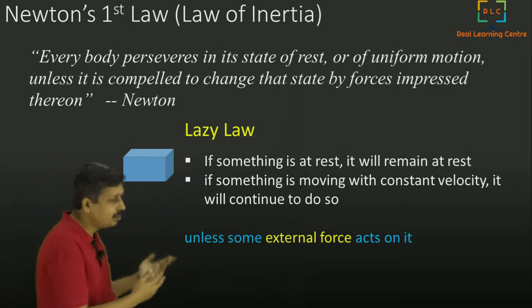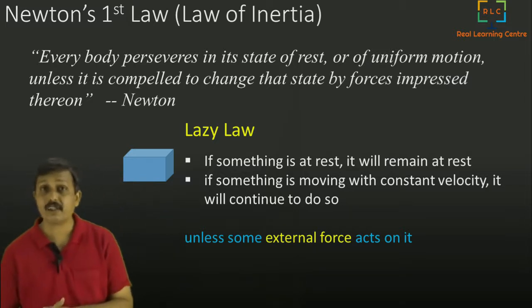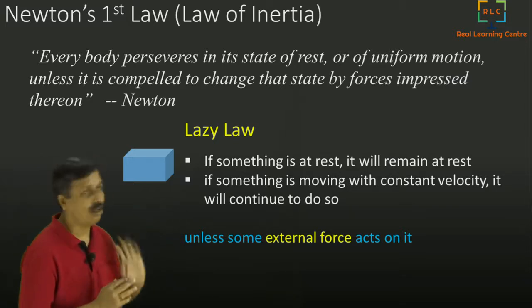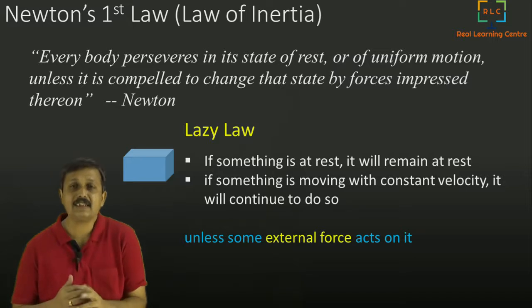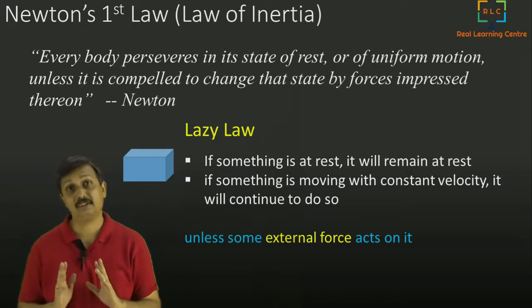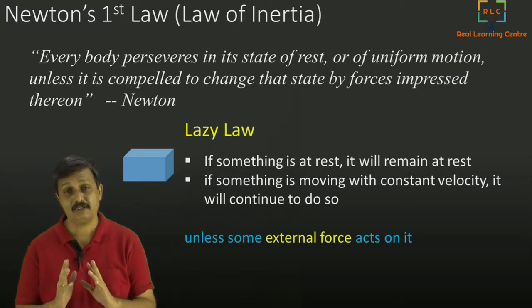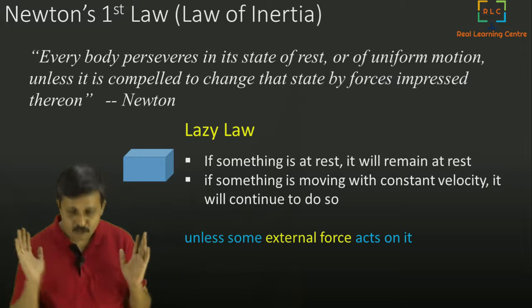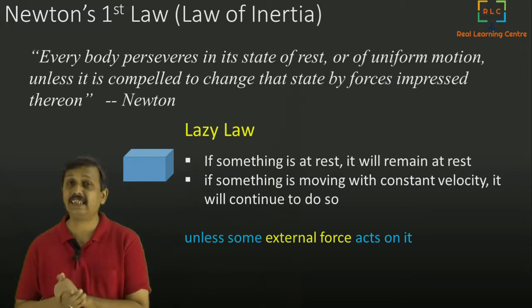If an external force acts on it, then it will change its velocity. That is all. This is what I call the lazy law. Bodies in this universe are lazy. They remain at rest or in uniform velocity unless some force comes and changes it. This is called the lazy law.